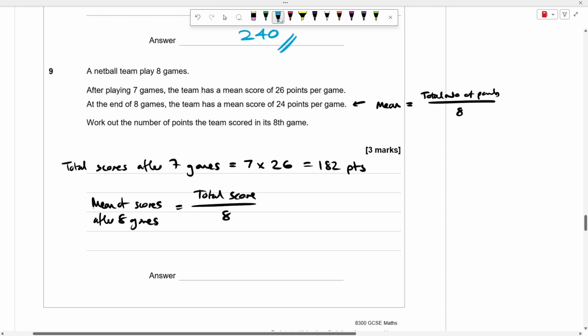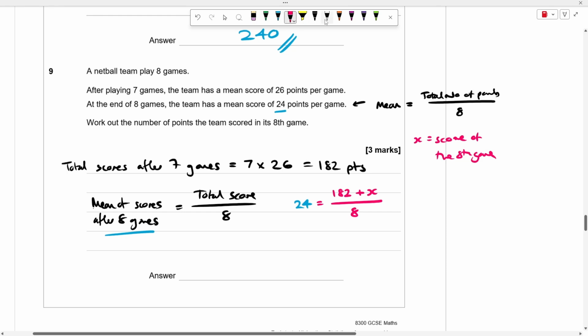Based on the information I've been given, I know that the mean is going to be 24. I know that the total is going to be 182 plus x, where x is the score of the 8th game, divided by 8 equals 24.